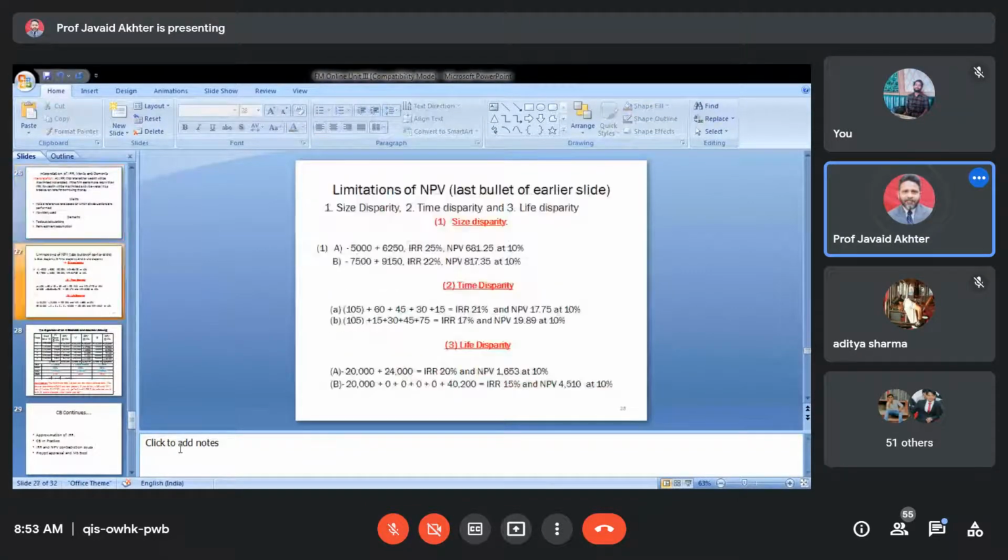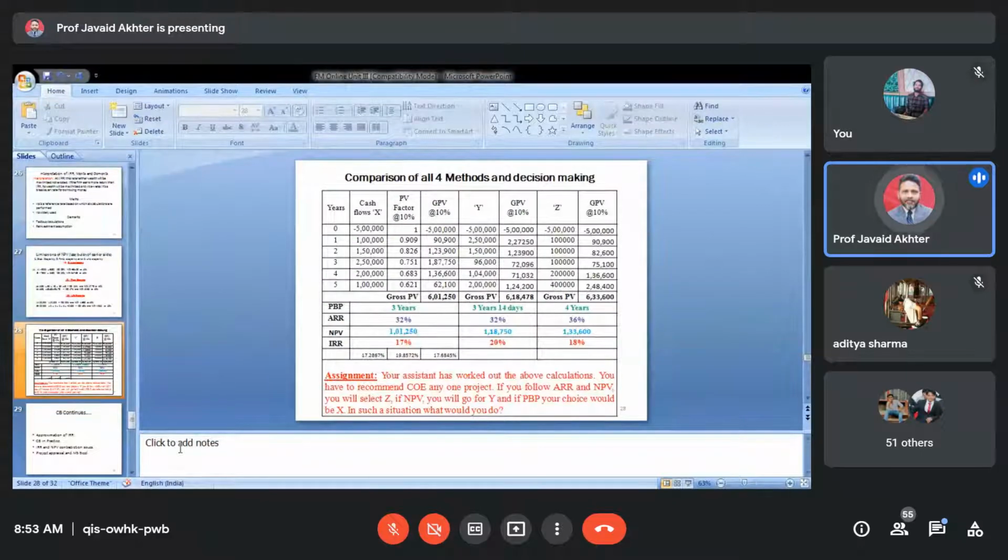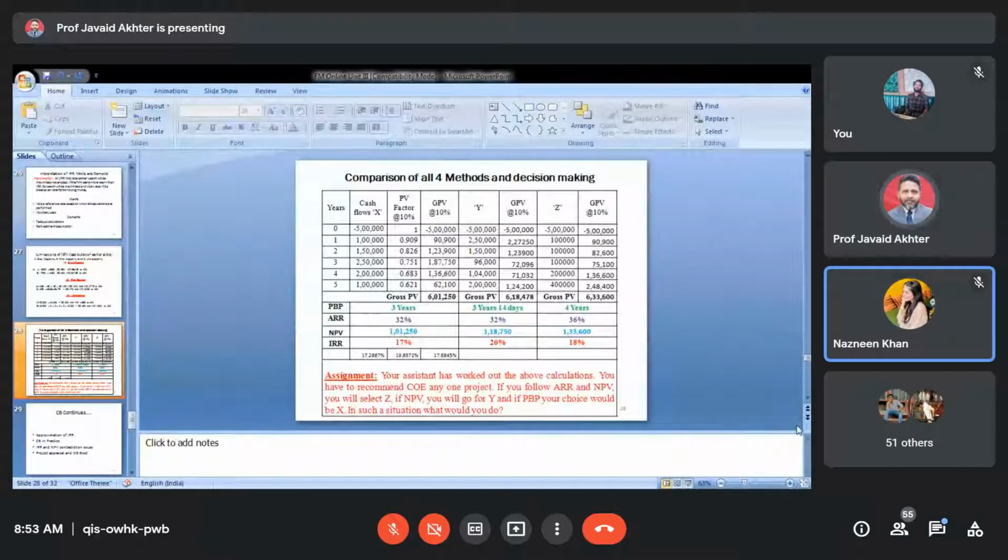In this example, what is gross present value for project X? 6 lakh 1,250. Okay. And what is investment? 5 lakh. So profitability index would be gross present value divided by cash outflow.